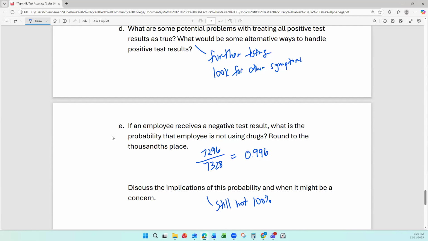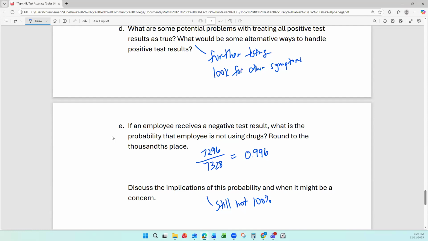Unless you have a test that's 100% accurate, which doesn't exist. There's going to be errors. It's not going to be 100% guaranteed. So you want to, again, not assume that the test guarantees or means anything, and you have to weigh the potential issues of treating a false positive as true versus treating a false negative as true versus treating a true result as a false result.